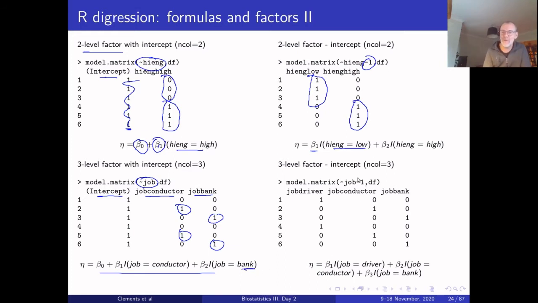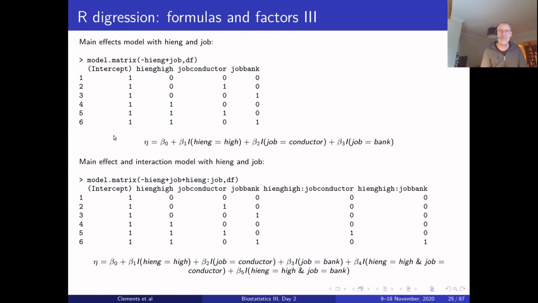If we drop the intercept term, again, it doesn't actually make it smaller. It basically says, are they drivers or are they conductors or are they bank workers? And here's the linear predictor.